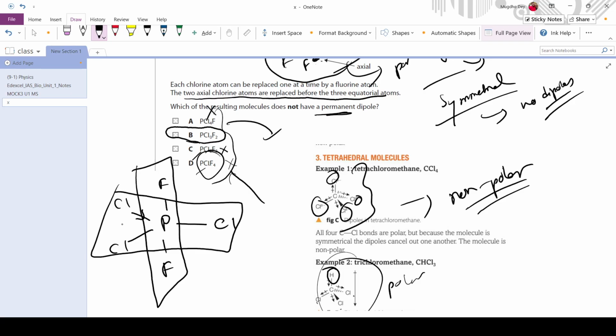So basically the main point here is that you need to ensure that all the bonds within a plane remain symmetrical. Am I clear? If all of the bonds within a plane are symmetrical, only then the polarities will cancel out each other. Otherwise, one will remain. Rakshi, did you understand?